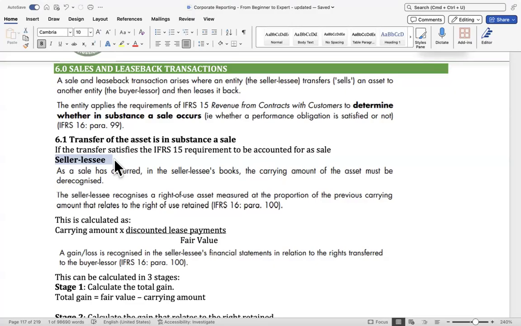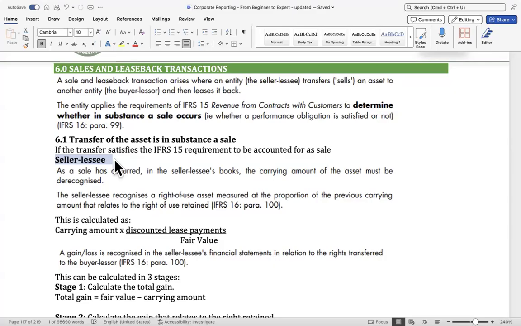That's from the standpoint of you being a seller. Now, as a lessee, I've already taught you what a lessee does: the lessee will recognize a lease liability and a right of use asset. You already know that.